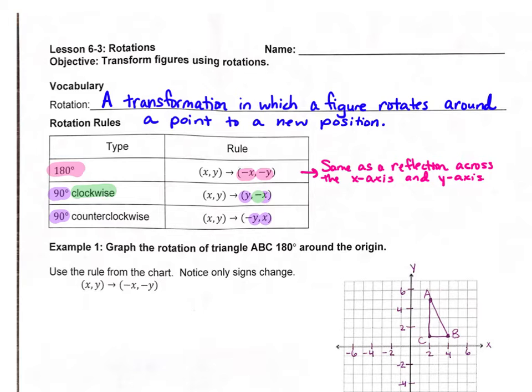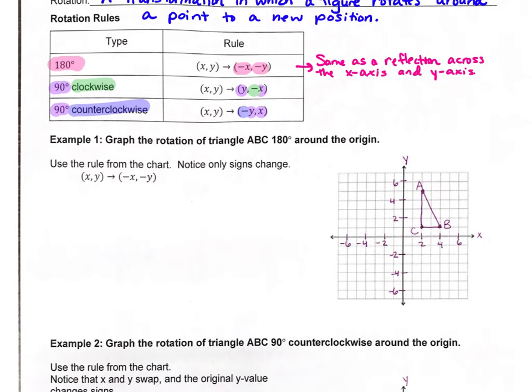If it's 90 degrees counterclockwise, that's opposite of how the hands on a clock move, the y changes its sign. And you will just have to memorize these rules. So keep in mind, if it's a 90-degree rotation, the x and y swap. If it's clockwise, the x changes sign, and counterclockwise, the y changes sign.